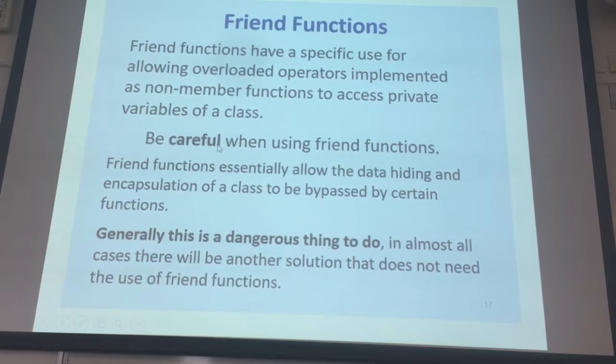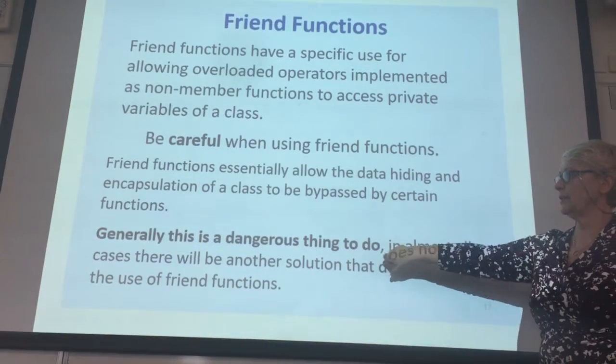If you can't do your job in the function using the public part of the class, then maybe you can give friendship. But other than that, avoid it. This is a dangerous thing.